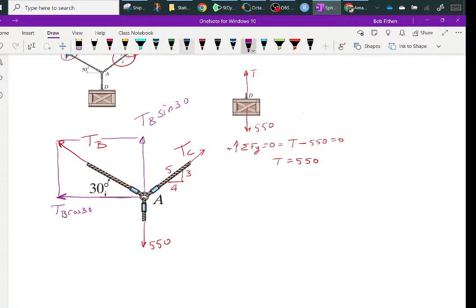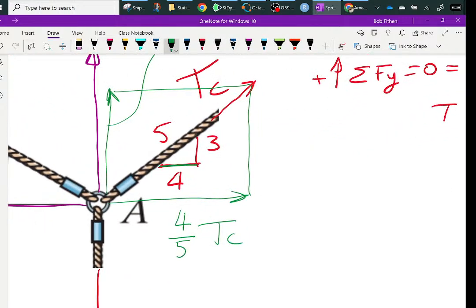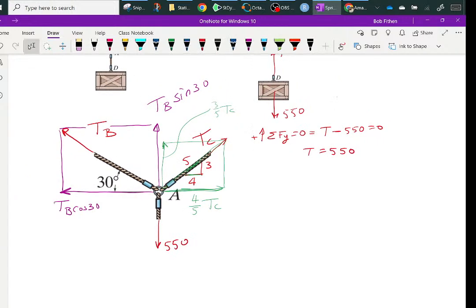And then maybe I've got this one, which will be 4/5 of TC. And this one right here is going to be 3/5 of TC. The reason is you take this ratio to that ratio is the same as this ratio to that ratio. And so I've got all the components of everything I need.